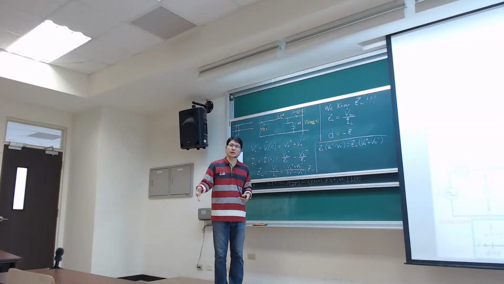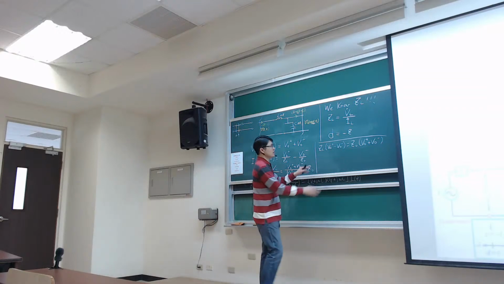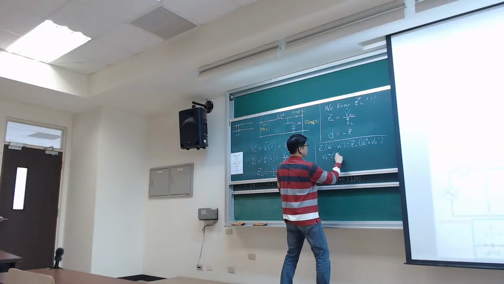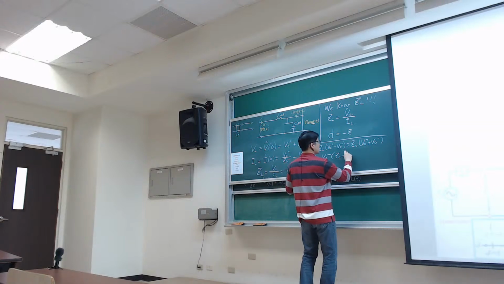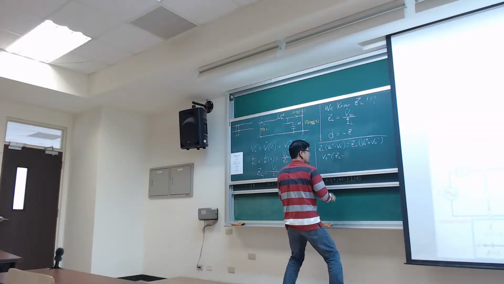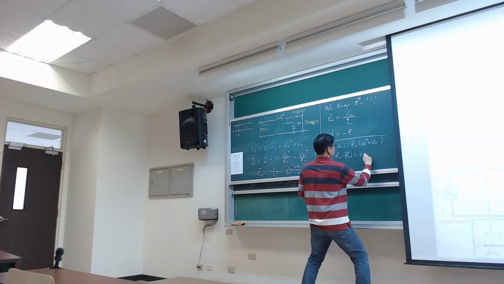So at the load, with a given load, I determine the amount of reflected wave. Using this, I can get V0 minus in terms of V0 plus, with ZL minus Z0 in the numerator.